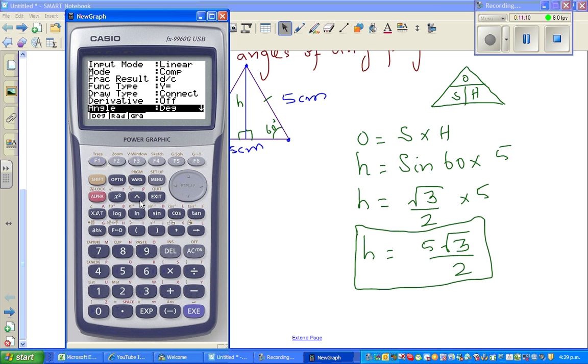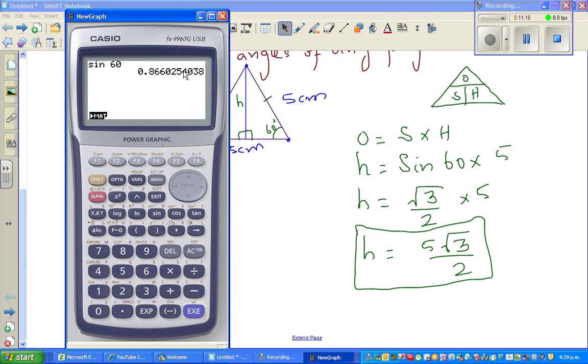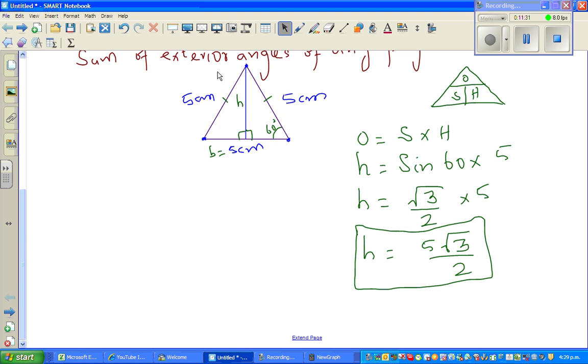Then sine 60 on the calculator is this crazy number, which is nothing but root 3 divided by 2. This and this are the same, but the surd form is more exact. I'm not going into much detail.